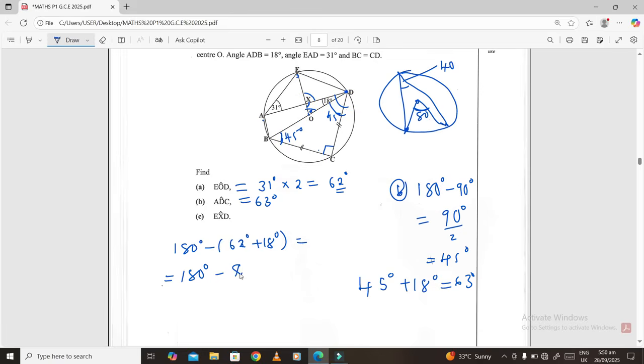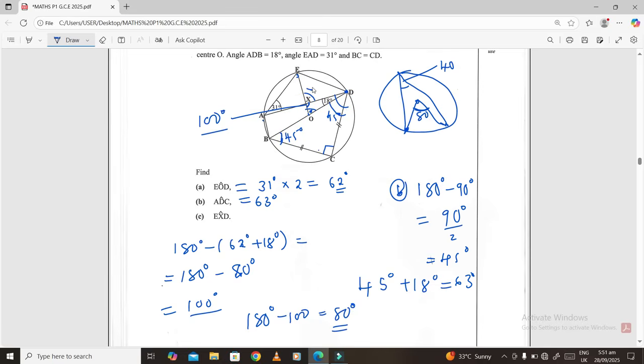So this is 80 degrees, meaning we'll get 100 degrees. So 100 degrees is the angle here. Now, using the property of a straight line, we're going to say 180 degrees minus 100, and this will give us 80 degrees.